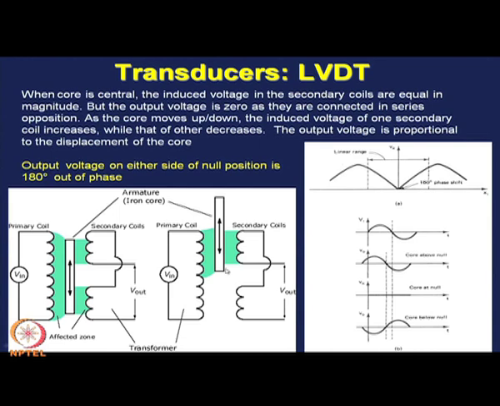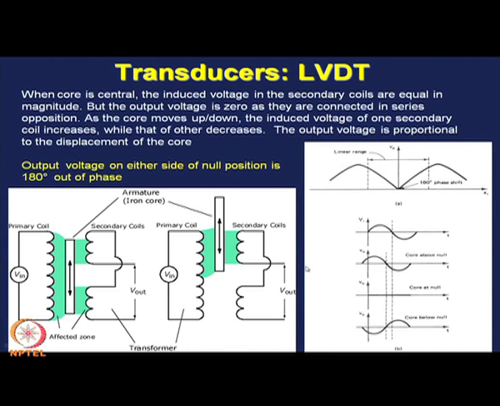If the core moves up or comes down, I will have non-zero voltage as output, because as the core moves up or comes down, the induced voltage of one secondary coil increases while that of other decreases.